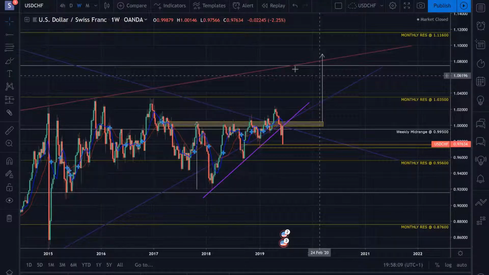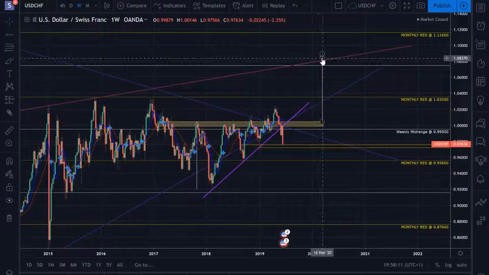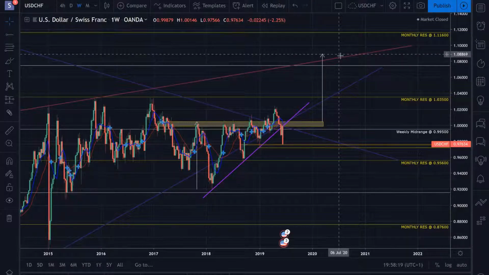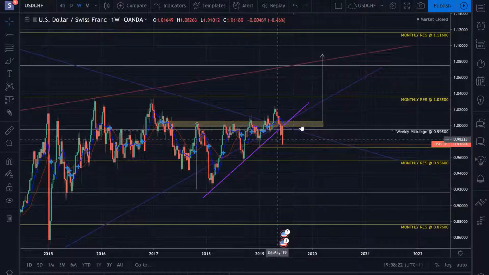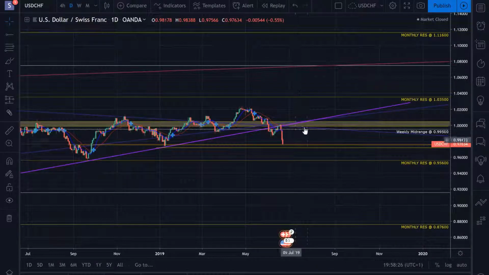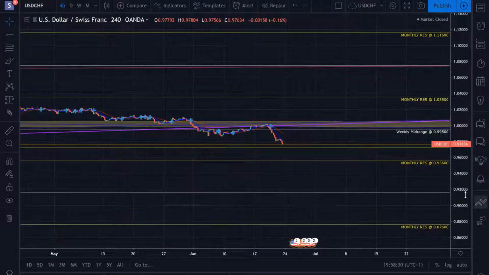You can see I've got this arrow. I'm expecting us to be able to push up to the 1.083, but I think that's going to be kind of long term. So we'll just wait. We're within these zones at the moment. So guys, just use your key levels and be patient.